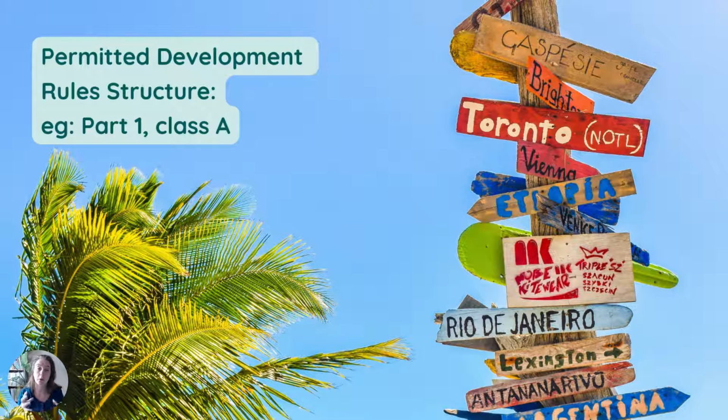And if you can't do what you're thinking about doing within permitted development, that's okay. It just means that either you adjust the design of what you're wanting to do so that it does fit within permitted development, or you simply apply for planning permission, which isn't actually such a big deal.